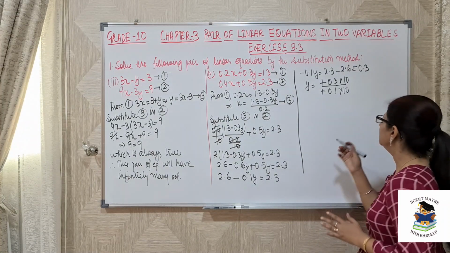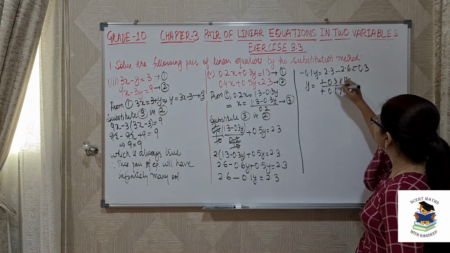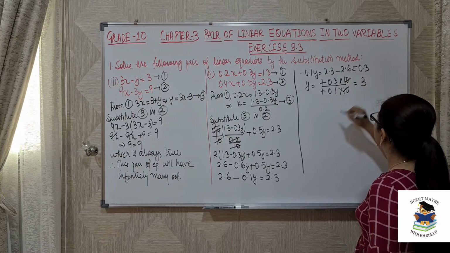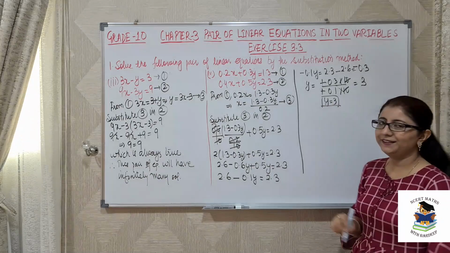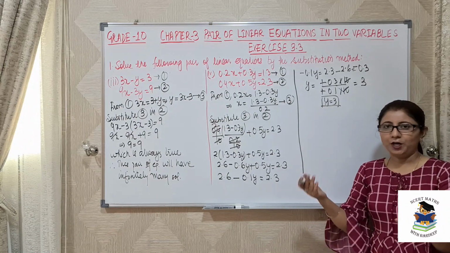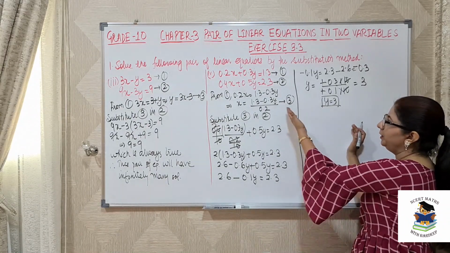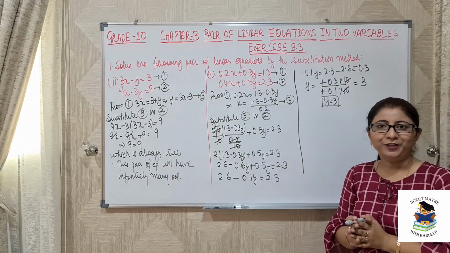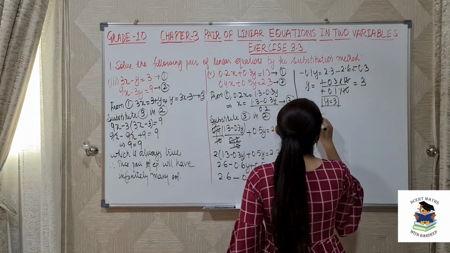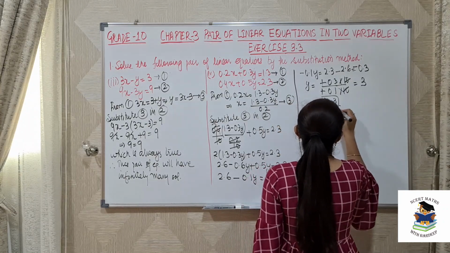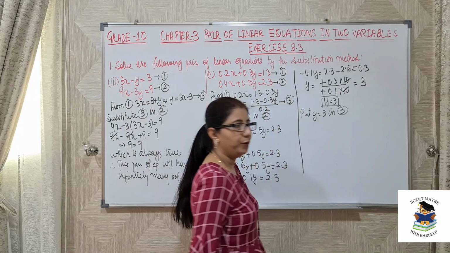So opposite side. So 10 and 10 will be cancelled. 3 by 1 will be 3. So what is the value of y? That is 3. So now put this value in the third equation to find the value of x. So put y equals 3 in the third equation.